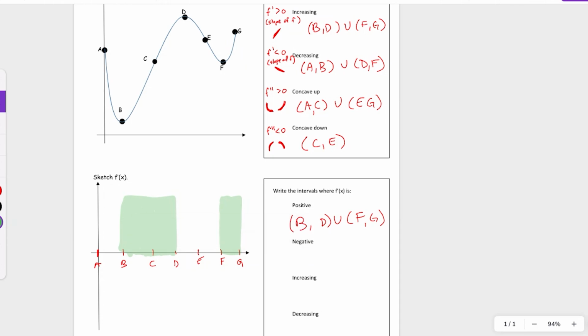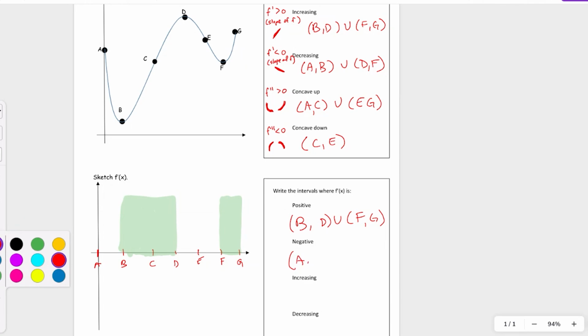F prime is negative whenever F is decreasing. So these same intervals where F is decreasing will be down here.